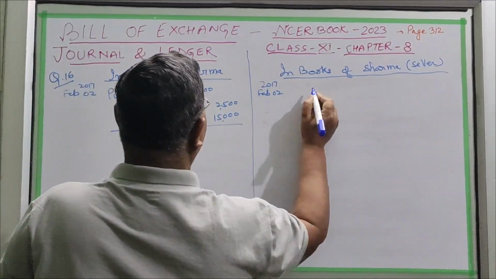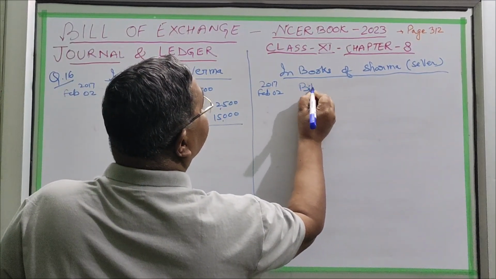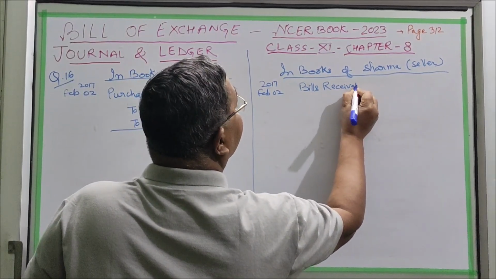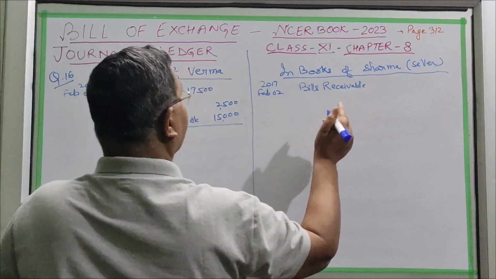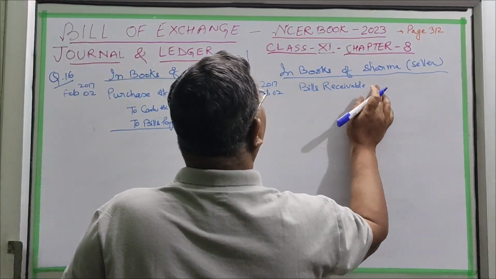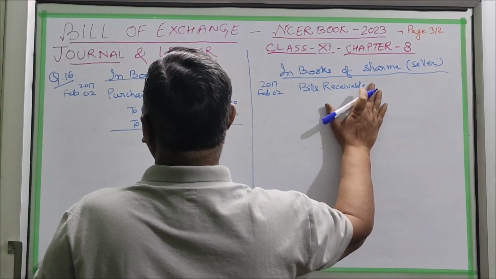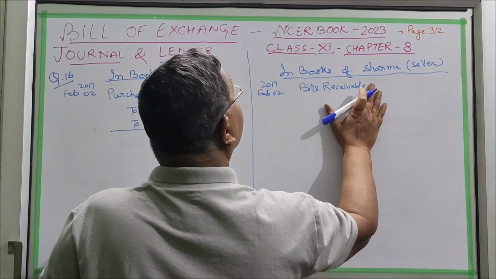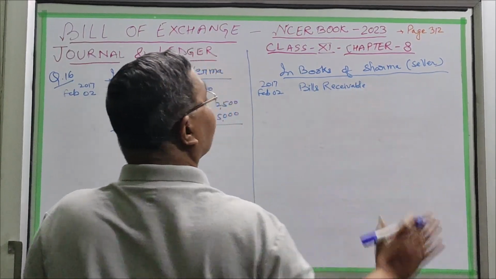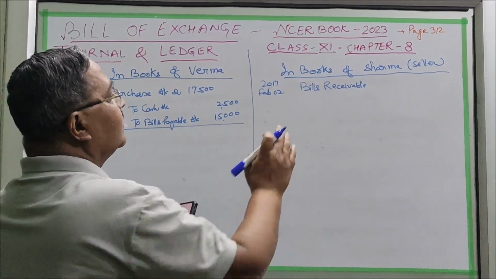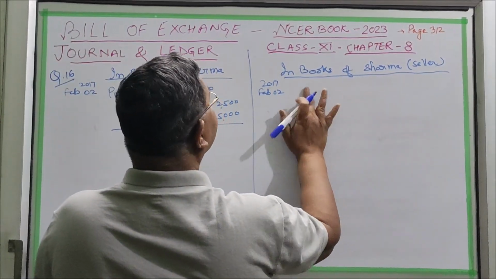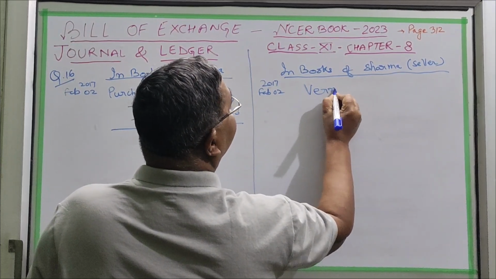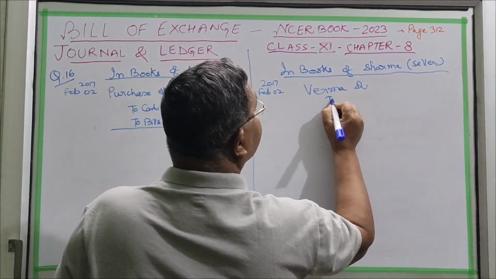So for him it is bills receivable account. So here the entry will be first Verma debit to sales account.